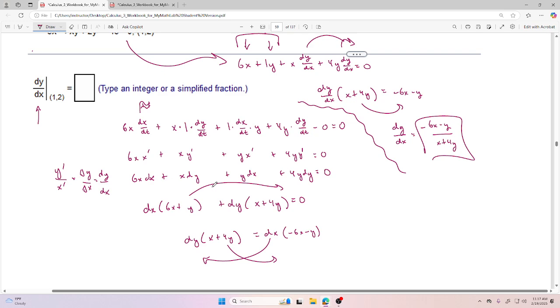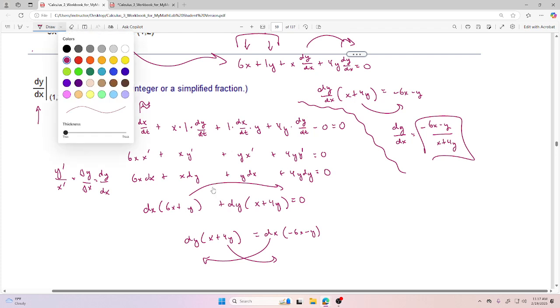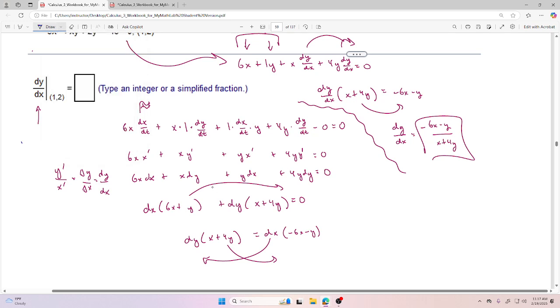Ultimately, though, we're not done because what do they want us to do? So when I plug in the x, y coordinate, x is 1, y is 2. Negative 8.